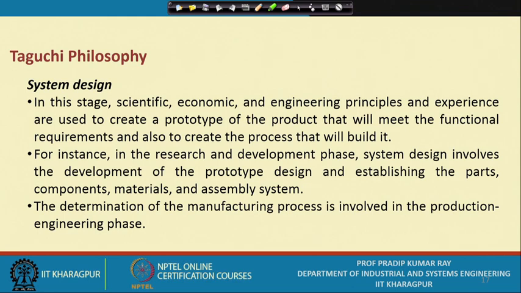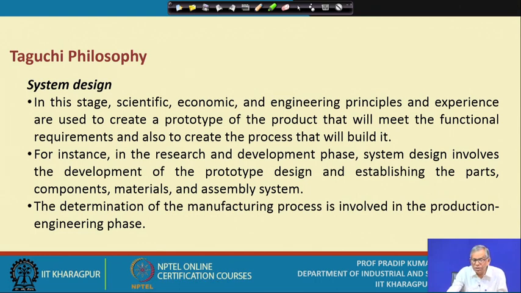Now in this stage, scientific, economic and engineering principles and experience are used to create a prototype of the product that will meet the functional requirements and also to create the process that will build it. So essentially during the prototyping stage, or when you create the prototype, you follow these rules.